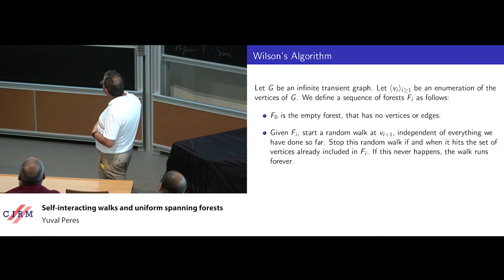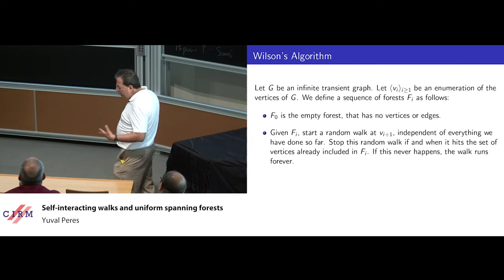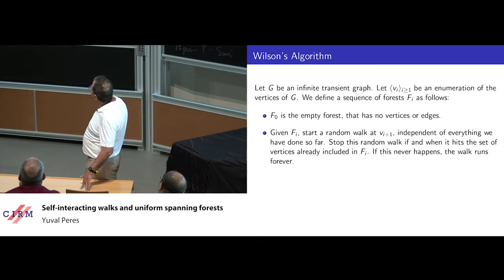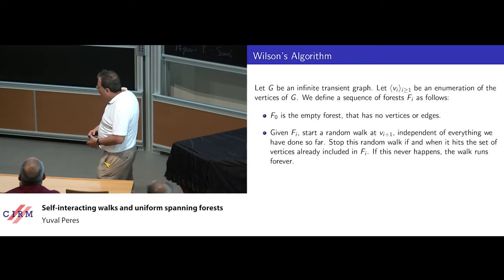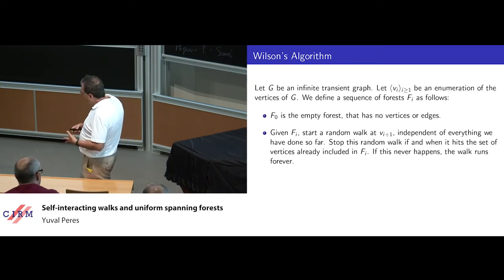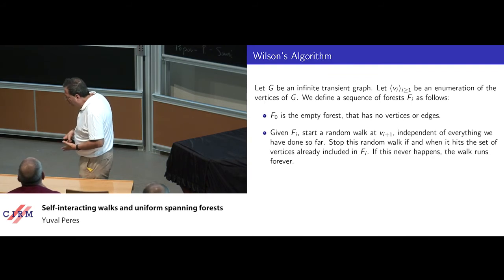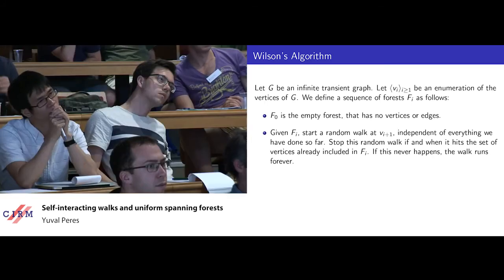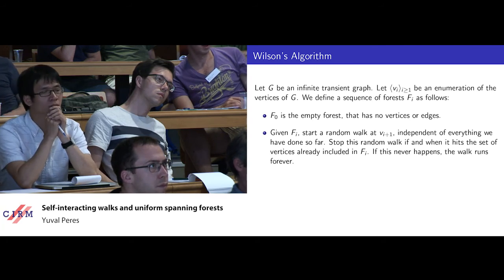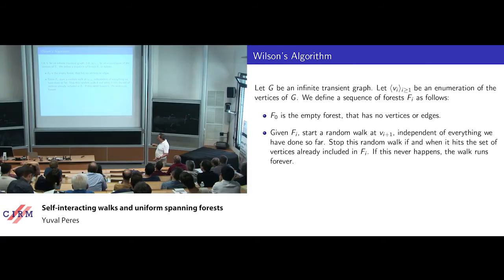Okay, so for an infinite transient graph, as I said, you can mimic Wilson's algorithm. You start with the empty forest. The first part of the forest is built by running one loop erased walk. Now you start at another node and create a loop erased walk, but stop if you hit the existing forest.